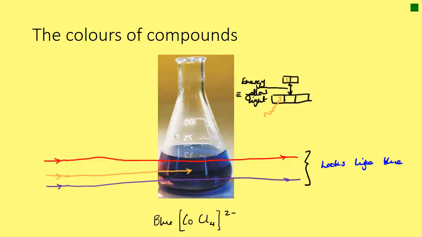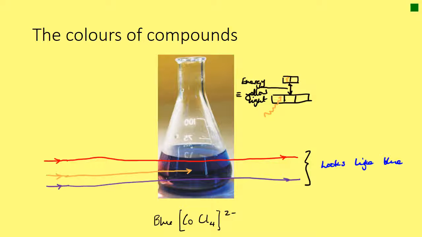We've got a couple of promoted 3D orbitals, and we've got 3 3D orbitals that are at a lower energy level, and this is our energy gap that corresponds to the energy that is the same as the yellow light.